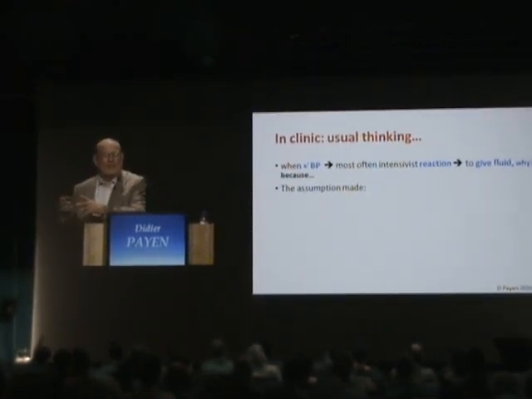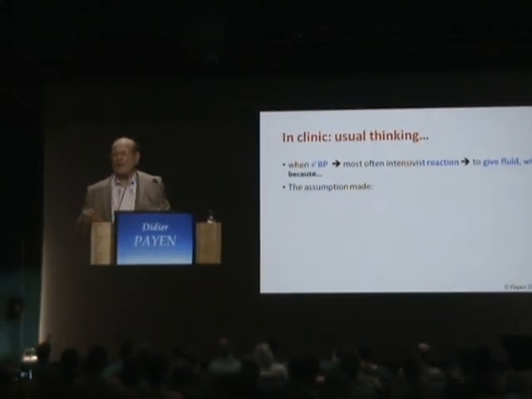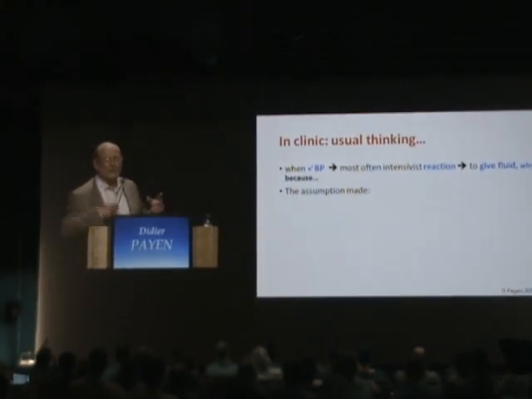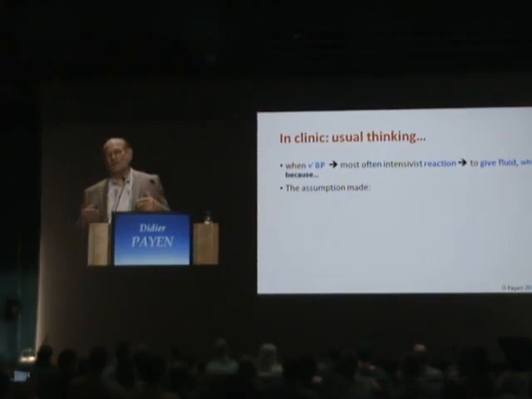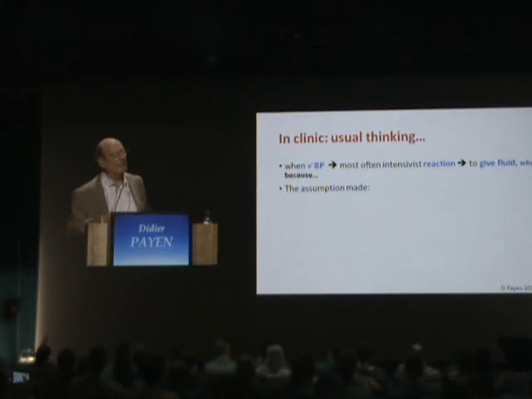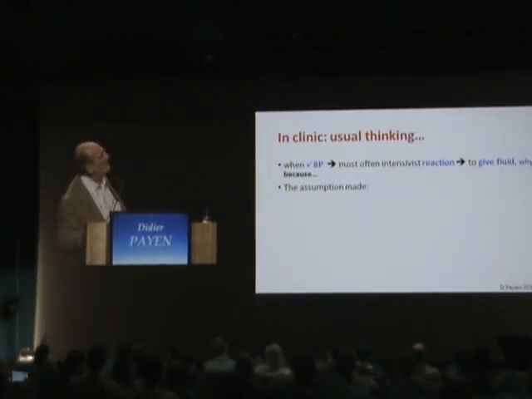If it's low, you give pressors. If it's normal, you don't give anything. If it's high, you give dilators. So finally, based on this ratio, which you do mentally, or your machine is doing for you, you can make a decision which might be really the inverse, depending on the quality of the measurements you have. So accuracy is an issue.